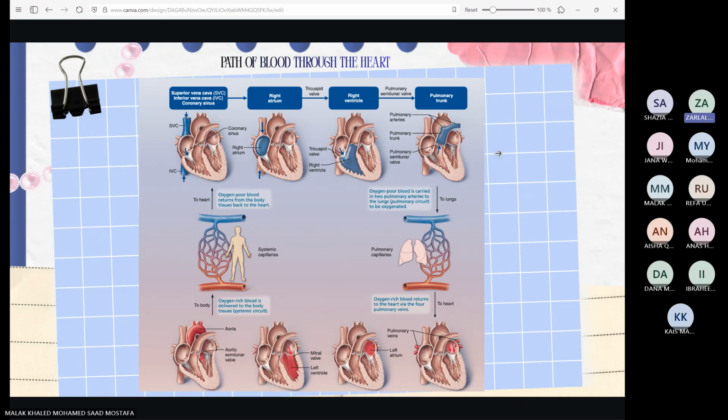Then in the lungs it gets oxygenated, and goes through pulmonary veins into the left atrium. From the left atrium, it goes through the bicuspid valve into the left ventricle, and then through the aortic valve to the whole body. So it's pumped to the whole body. That is basically the full cycle. So next, please.